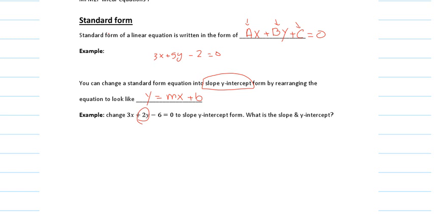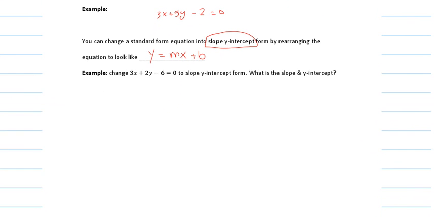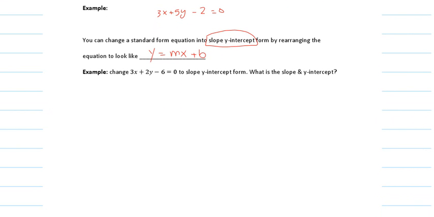So what do you want to do here? Look at this equation. So I have 3x plus 2y minus 6 equals 0. And I want to write it in a slope y-intercept format. So what do I do? You write 2y, plus 3x minus 6. So what do I do with the 3x minus 6 if I don't want them here?